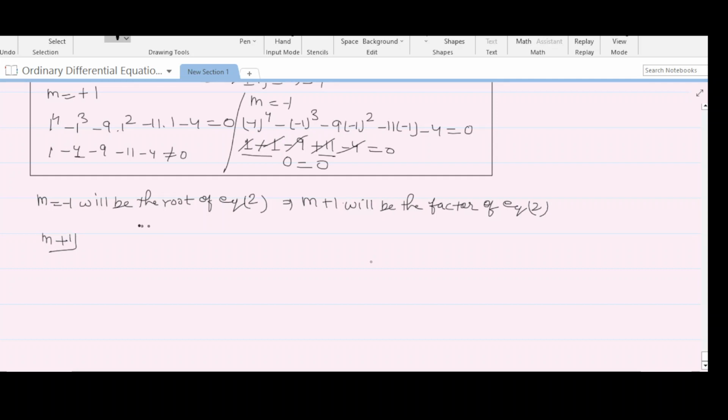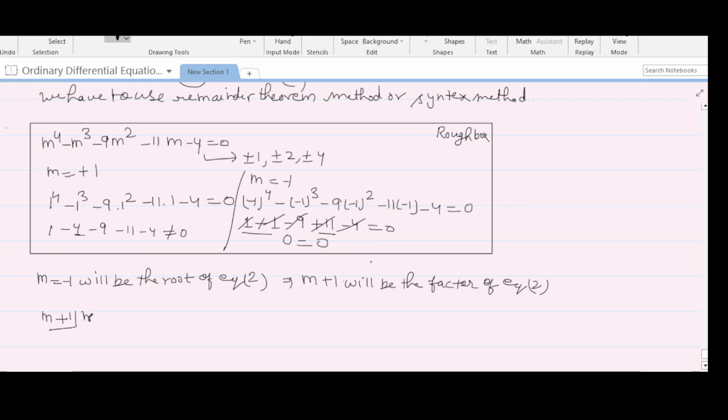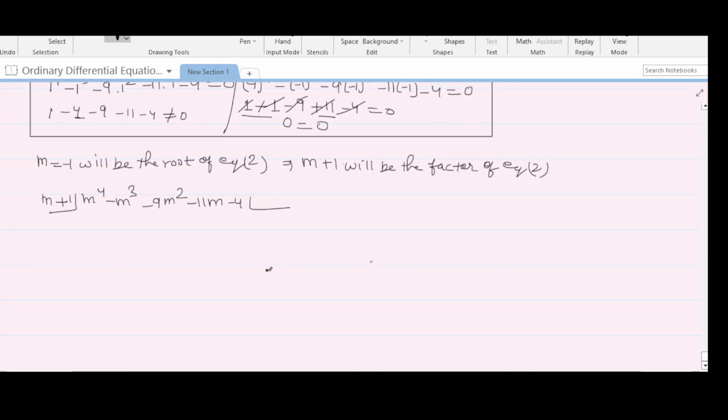Okay, so the equation number 2 is m4 minus m cube minus 9m square minus 11m minus 4, right? Notice that if m plus 1 is a factor of this equation, then there will be zero remainder.